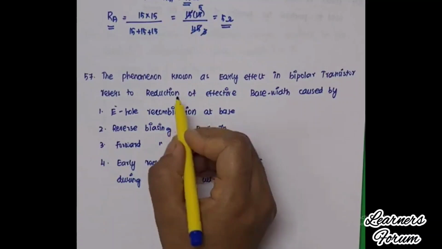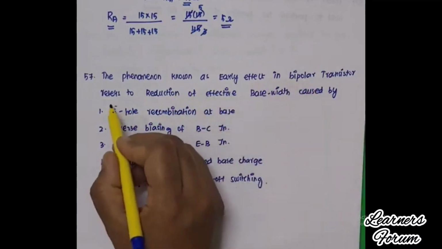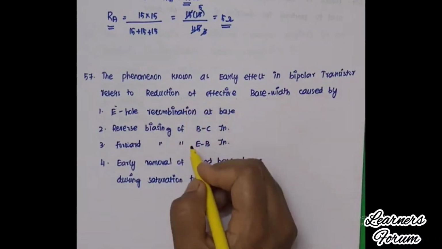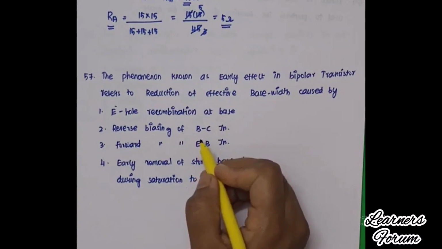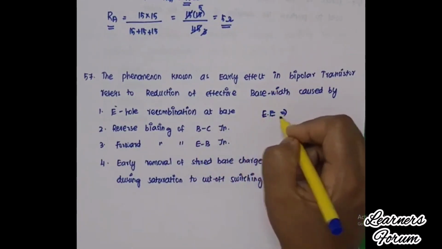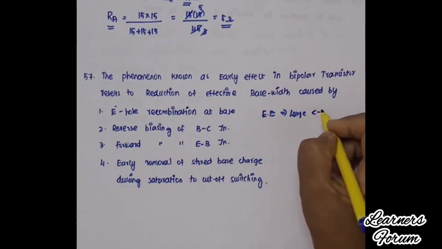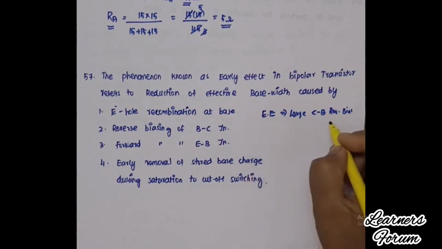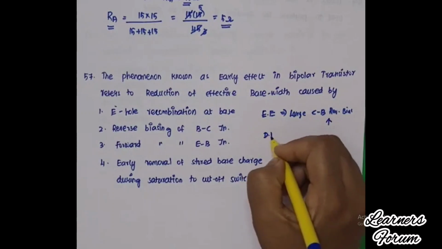Next question. The phenomenon known as early effect in bipolar transistor refers to reduction of effective base width caused by. To solve this question, we need to know what is an early effect first. So let us analyze the concept of early effect. Early effect is caused by applying large values of collector base reverse bias. Increasing the value of collector base reverse bias will lead to early effect.